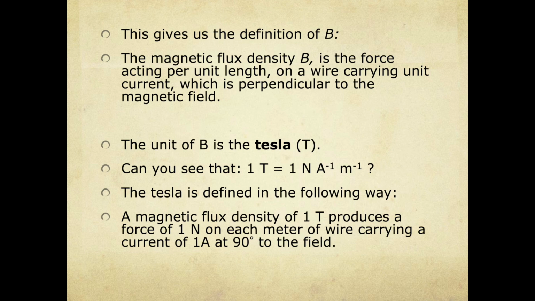And so when we look at the unit of B, which is the Tesla, 1 Tesla is equal to 1 Newton per amp per meter. This means that a Tesla is the magnetic flux density that produces a force of 1 Newton on each meter of wire carrying a current of 1 amp at 90 degrees to the field.